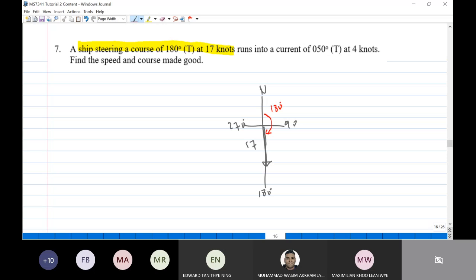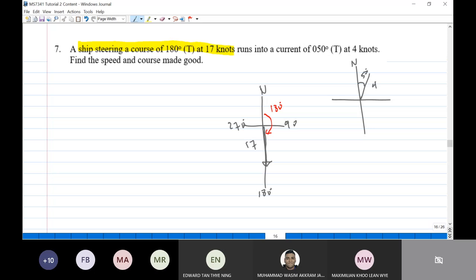And then if you want the current, 050, 4 knots. So where is 050 actually? You draw this one. Okay, 050 is this one, 4 knots.